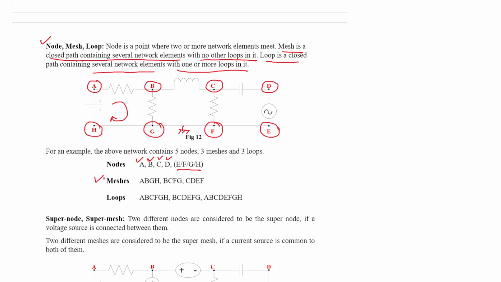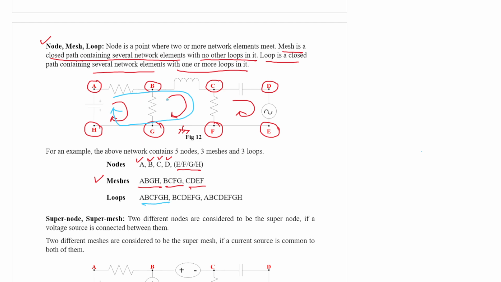Now coming to the mesh, you can see ABGH is a mesh. Again BCFG is a mesh. Again CDEF is a mesh. Now coming to the loop. The first loop could be ABCFGH.